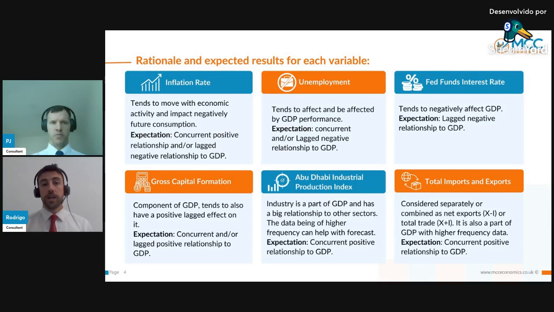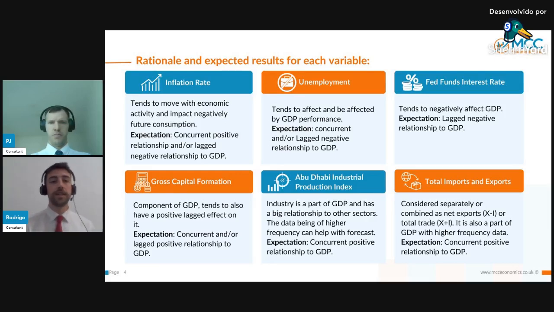In terms of the interest rates, that's also a very largely agreed upon economic effect. That's how every central bank operates, which is that higher interest rates tend to correlate to negative GDP. When a central bank increases interest rates, that will tend to slow down economic activity by, one, making loaning money more expensive, so it tends to reduce consumption.